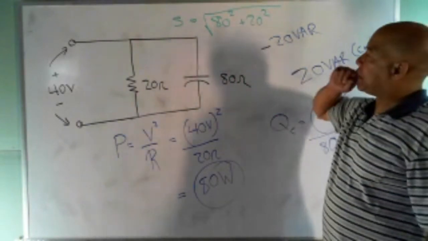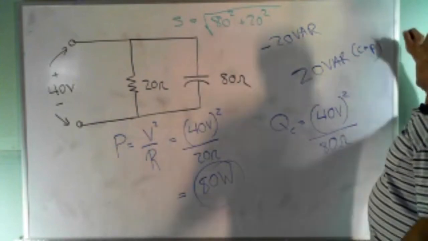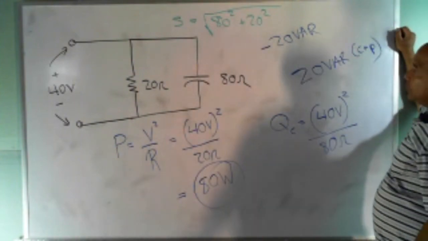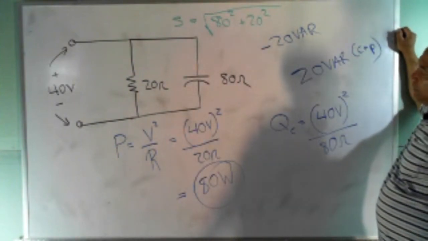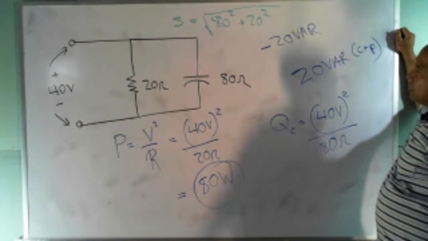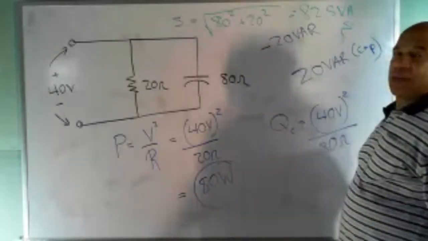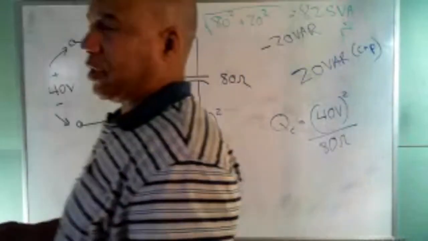What do we get for S? Got 82.5 VA. All right, we'll go with that. Nobody disagrees. We'll call those the correct answer.